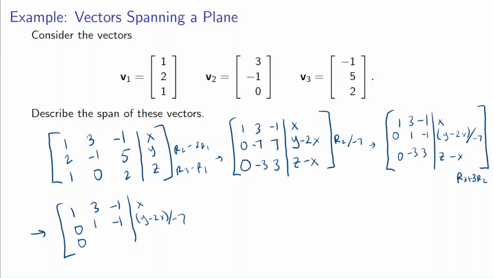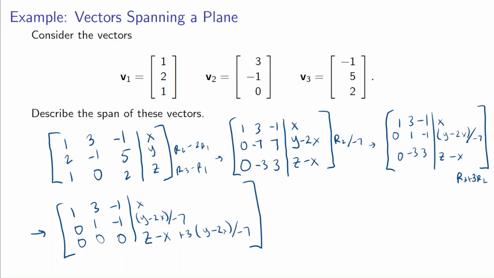So we get 0, then negative 3 plus 3 is 0, and then negative 3 plus 3 is 0 again. And then our last column becomes z minus x, plus 3 times this y minus 2x over negative 7.